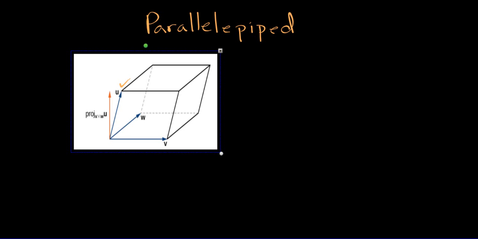Then you can get the volume of this parallelepiped this way. In other words, it brings together the dot product and the cross product.